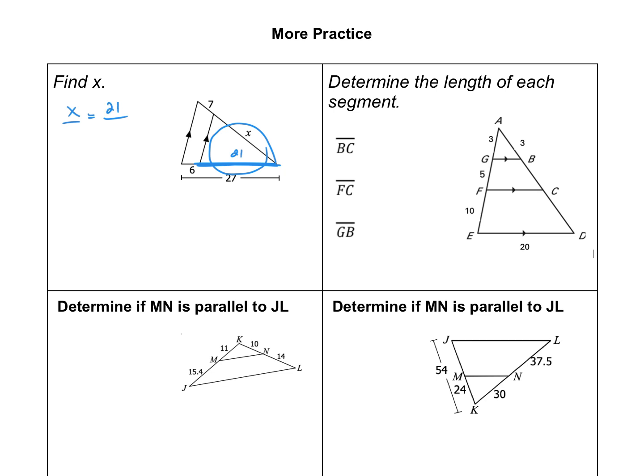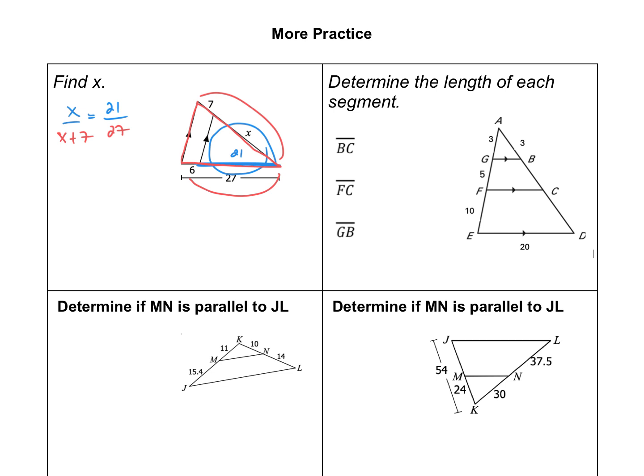Then if we look at the big triangle, what is this side of the big triangle? 7 plus x, or x plus 7. And then this whole side of the red triangle is 27. And you guys can solve that just fine, right? Okay.